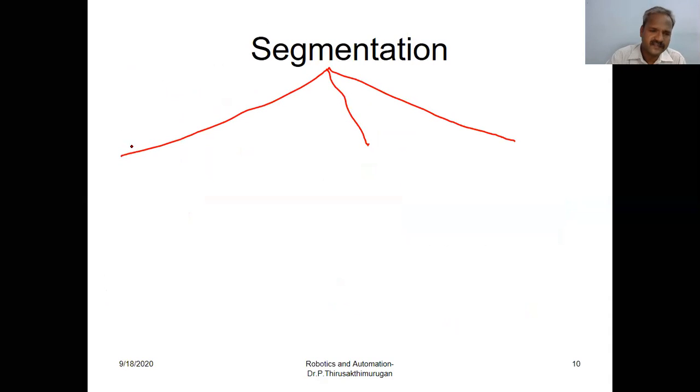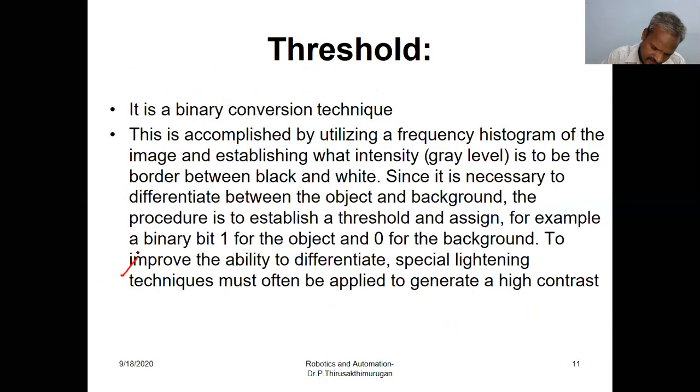So today we are going to continue with segmentation. As I informed you, segmentation has three techniques. First is thresholding. Thresholding is nothing but, say, this is called a spectrum.